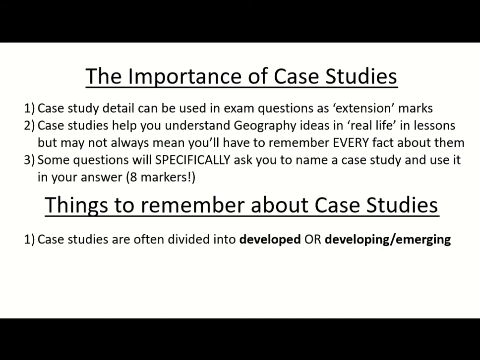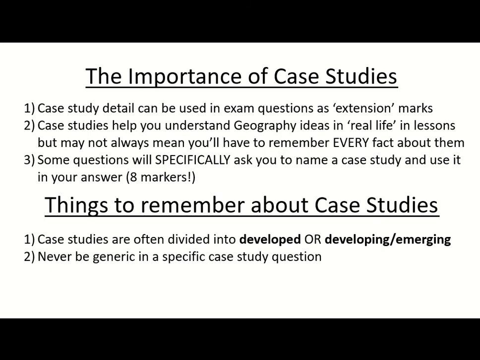Developing or emerging are countries like Mexico, India for the development topic, China for the energy topic. So they often give you one of each, and the reason is you might need to compare aspects of each of those. So what are the differences maybe between the damage to infrastructure between the Philippines and New York City after their respective tropical cyclones, for example.